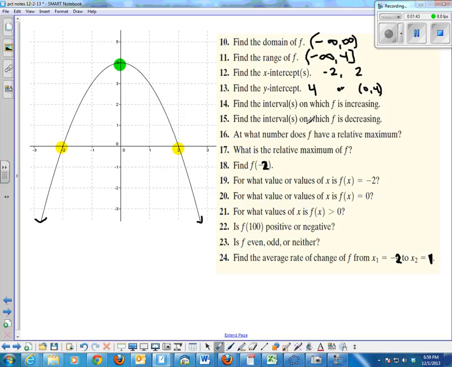Okay. The interval on which f is increasing. So the x-interval on which the function is increasing. As we read the graph from left to right, where is it increasing or going uphill? So that appears to be here. Then it gets to the top of the hill.